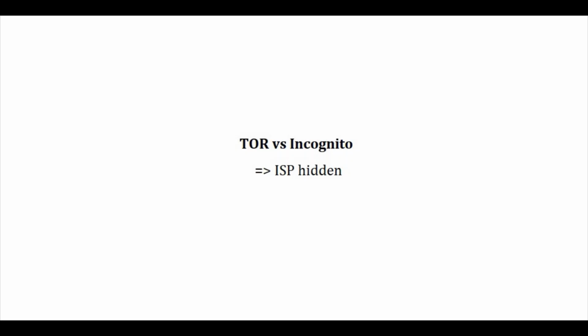They will not know anything, right? They will just see that some web request was made with the Tor network. So that's the main difference between Tor and incognito. Complete anonymity or privacy, right?